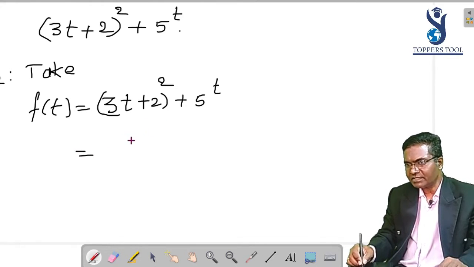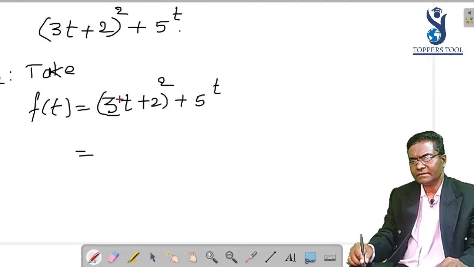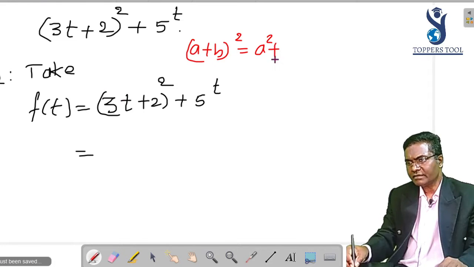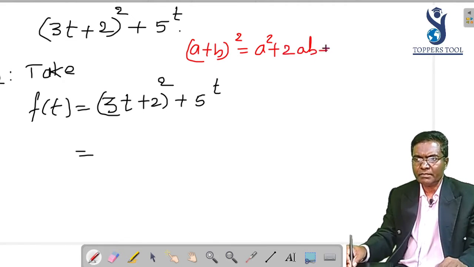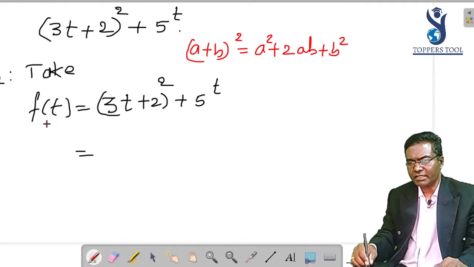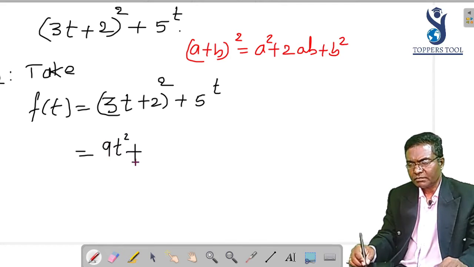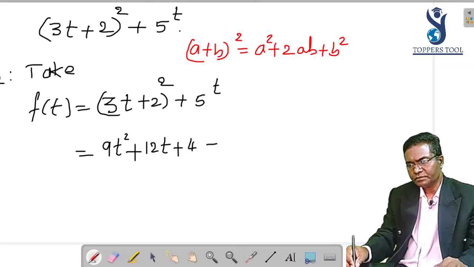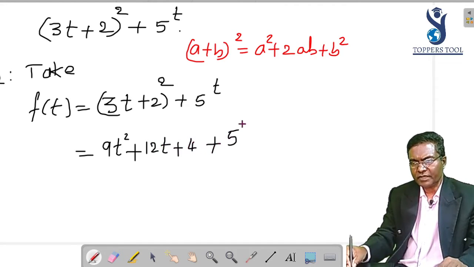Expand it: (a + b) whole square is a square plus 2ab plus b square, as you all know. So a square means 3t square, that is 9t square, plus 2 times this into this, 2 into 2 is 4, 4 into 3 is 12t, plus square of 2 is 4, plus 5 power t.